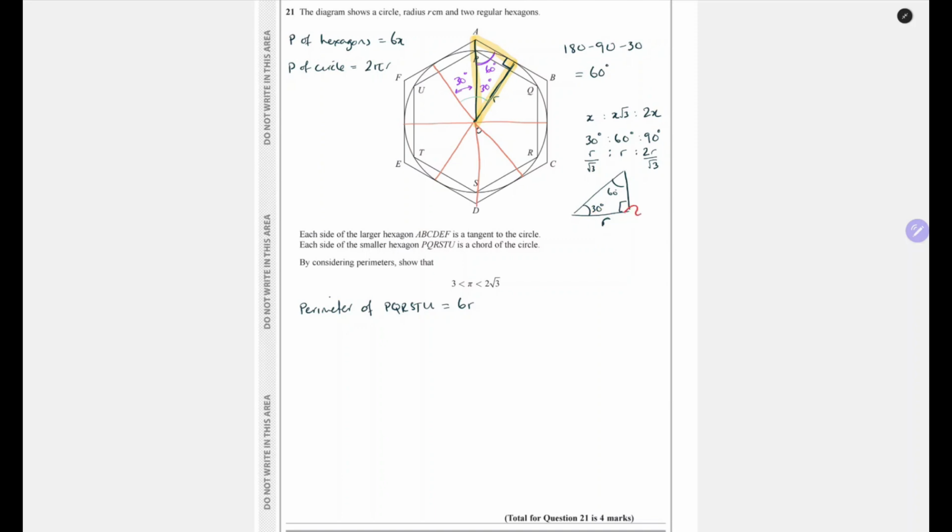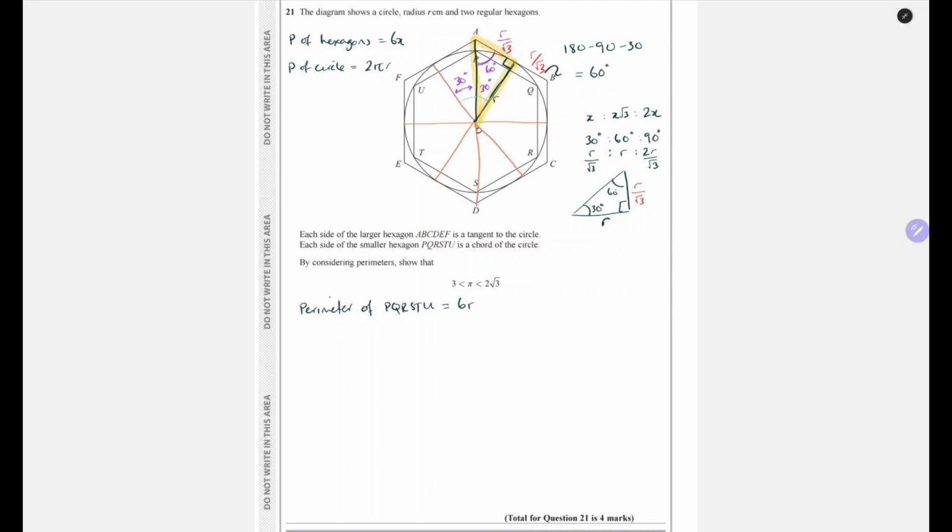And so if this bottom line is r, that means this one here is r over root 3. And that is this length here, r over root 3, which is half the length of AB, which means this part here is also r over root 3.